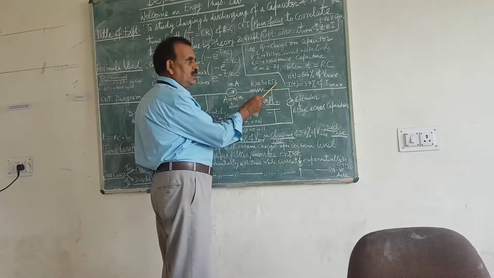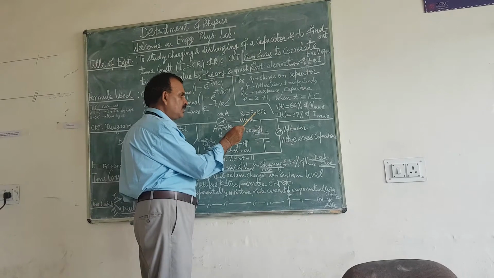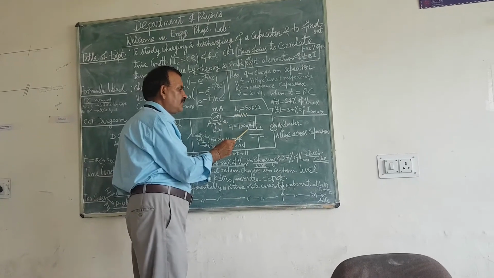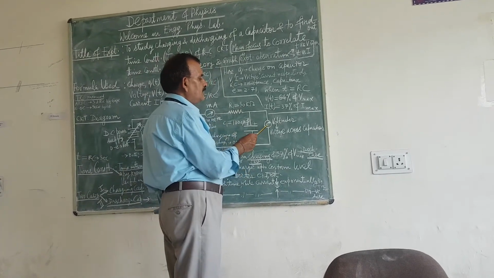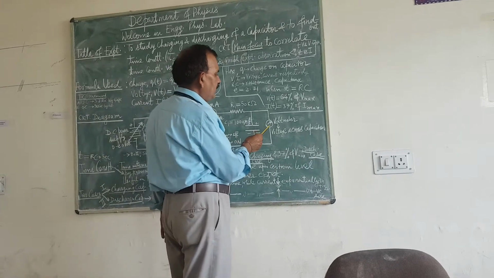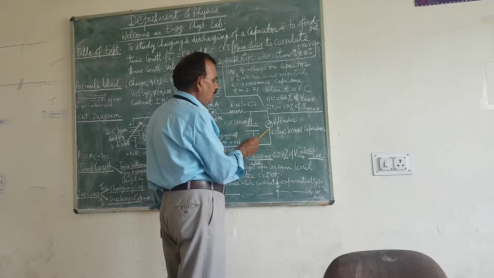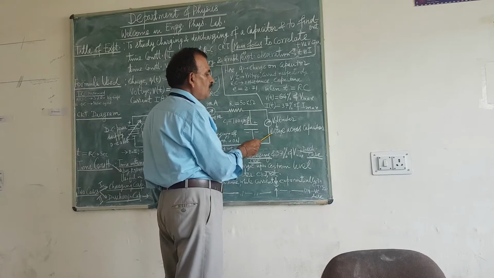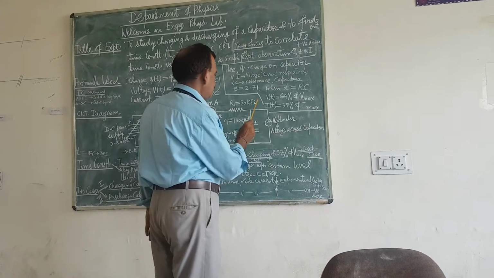We have to take the observations for this resistance and this capacitance, and a voltmeter is connected in parallel for measuring the voltage across the capacitor.